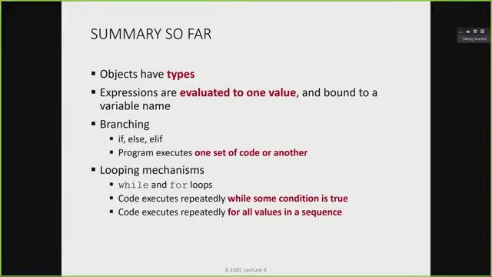It says, hey Python, either evaluate this set of statements or this other set of statements, depending on whether this condition is true. And then we added the last mechanism for control flow, the looping mechanism, that said, either loop or repeat this code while some condition is true, or loop this code for this sequence of values.